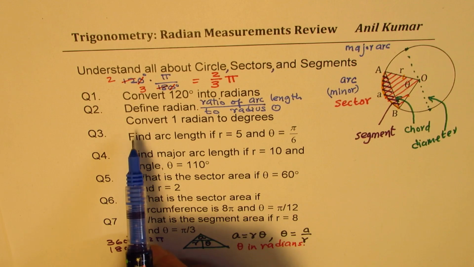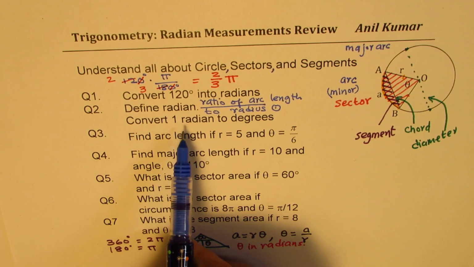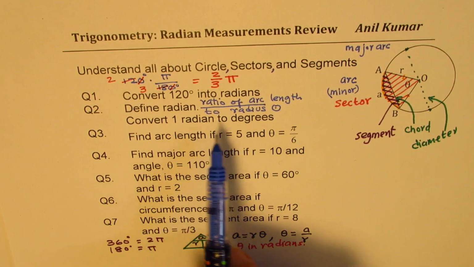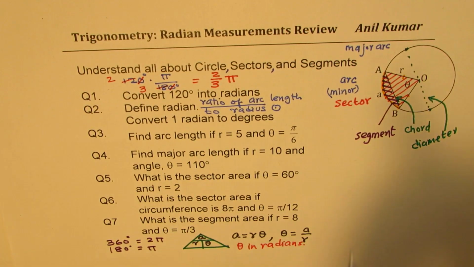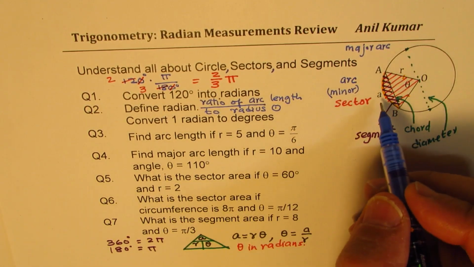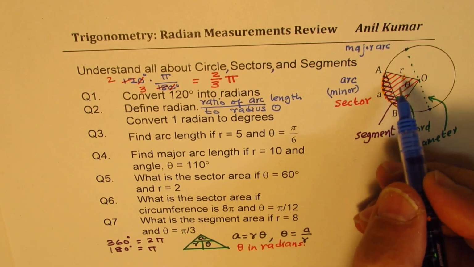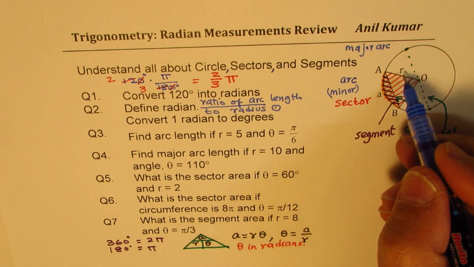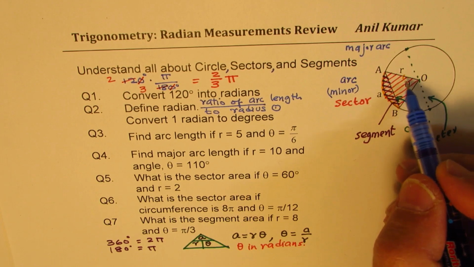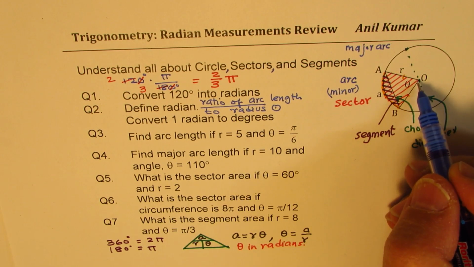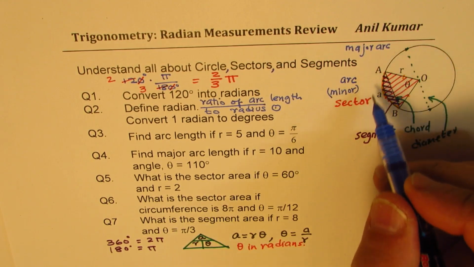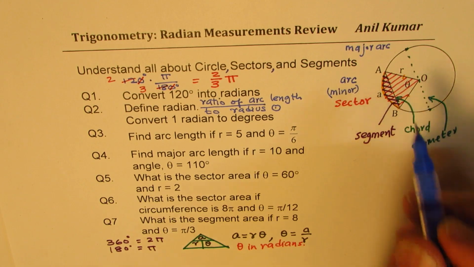Now the second part of this question is convert 1 radian to degrees. Now 1 radian basically means that A equals R will give you 1 radian, right? We are saying when A is equal to R. So if I assume R to be length 1 unit, then for a full circle the circumference will be 2 pi, correct?